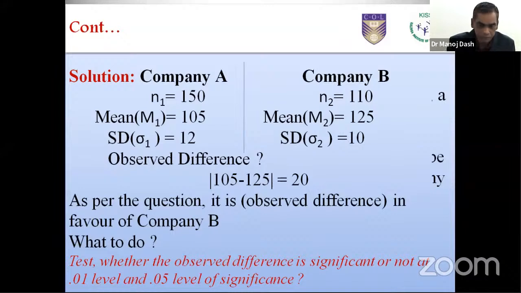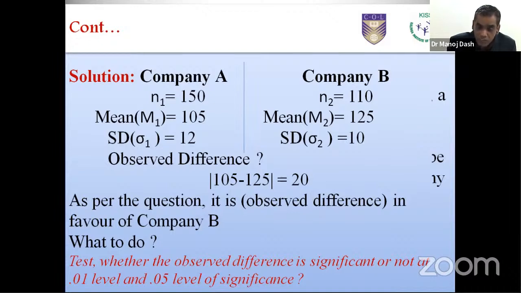Looking into the question, what is the observed difference in hourly wage? The observed difference is 105 minus 125, modulus, so the difference is 20. So on the basis of the analysis of the question, you can say that the observed difference between the hourly wages of company A and company B is 20 rupees.